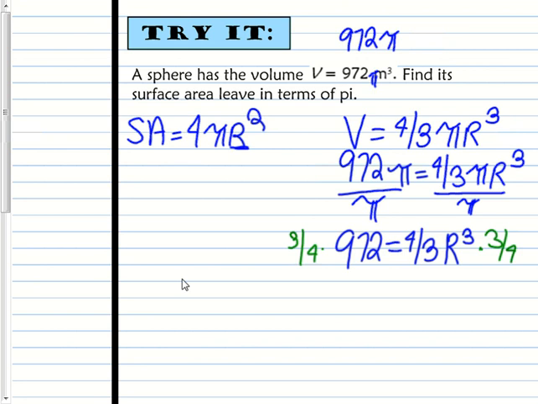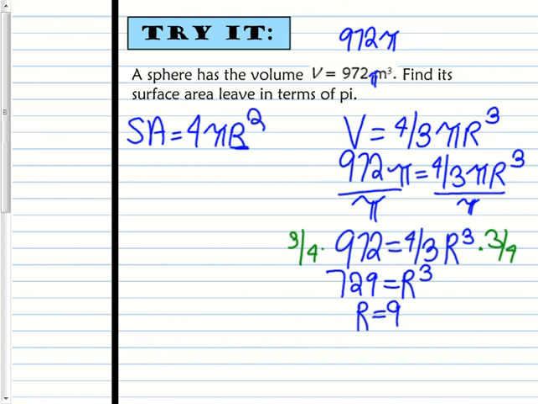And by doing that, I get 729 equals radius cubed. So you're looking for the cubed root of 729. So you're going to go back to your calculator, 729, okay? You're going to hit second, 0, and it should give you the number 9. So the radius of this sphere is 9.